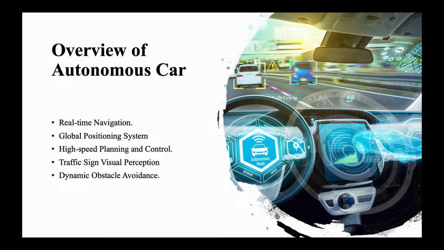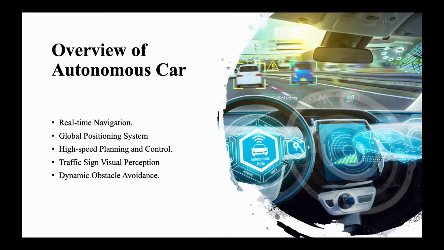With the rapid development of the Internet and artificial intelligence like big data and cloud computing, the performance of autonomous car will be further improved. Compared with traditional cars, self-driving cars have the following new features: real-time navigation, global positioning system, high-speed planning and control, traffic sign visual perception, and dynamic obstacle avoidance.